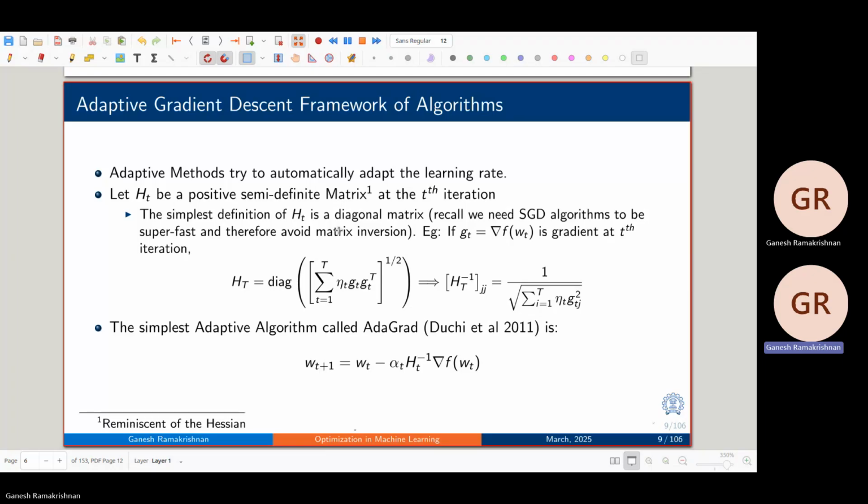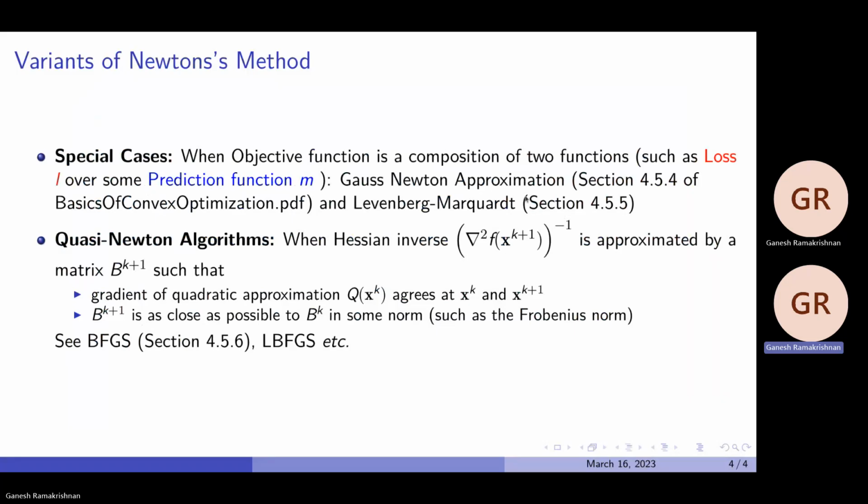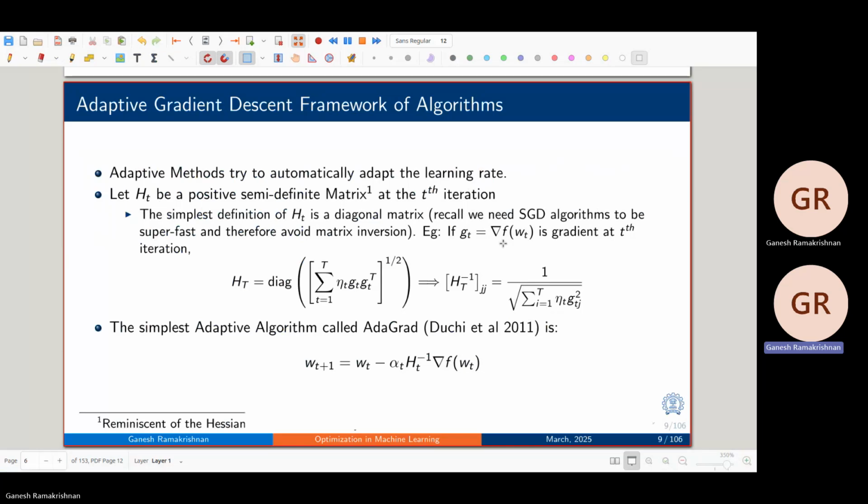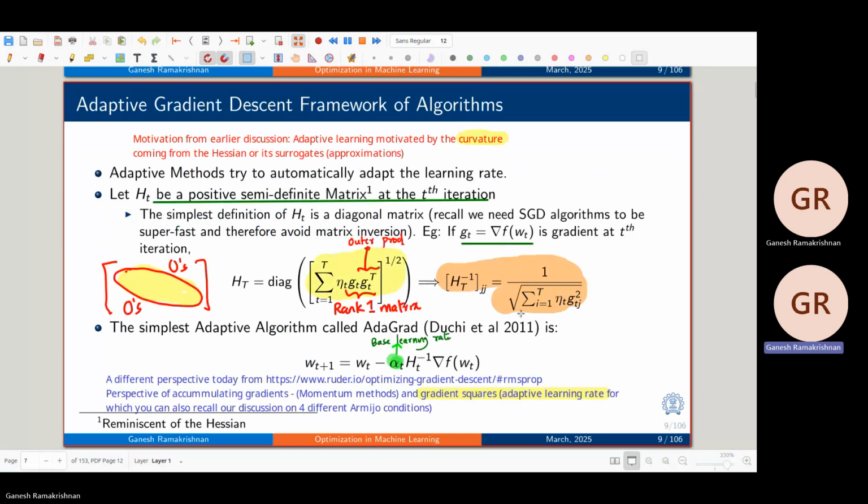The question was, why is there no division by the number of terms? But if you go back to the Newton update, it was the inverse of the Hessian. This is the complete Hessian, not the Hessian based on a single point, right? Because you're taking outer products based on the gradient sampled at each iteration, that's a rank 1 matrix.